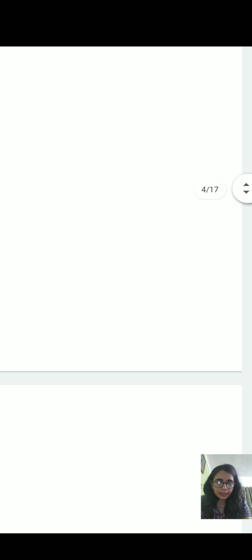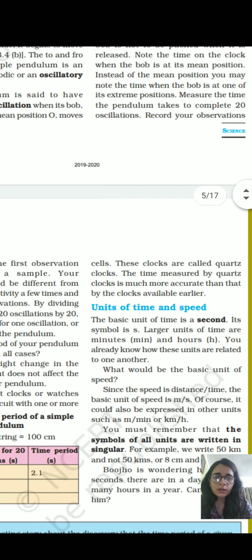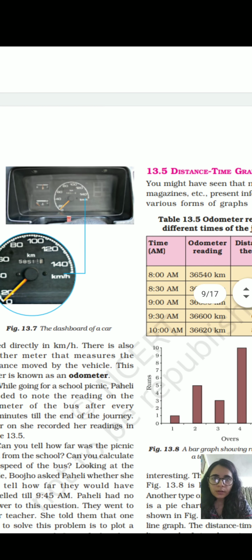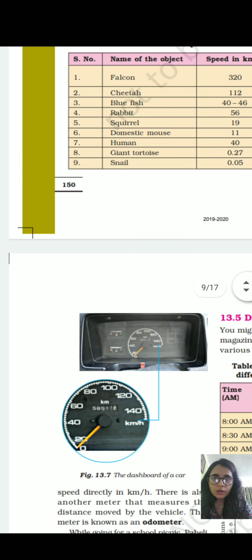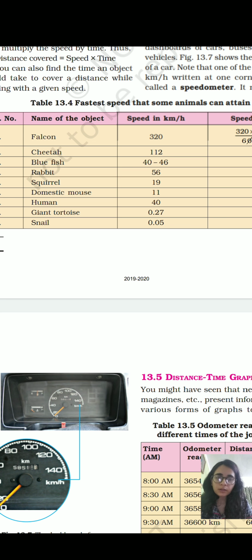Please try to understand the chapter first, then we will cover the question answers later on. You can go through till page number 150, and you have to read the things again and again so that you can grasp the concept.